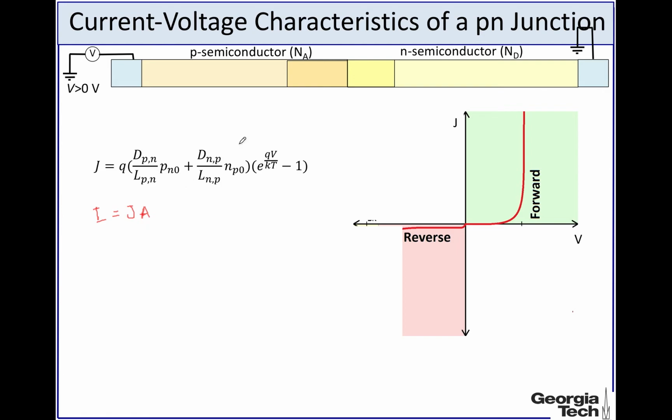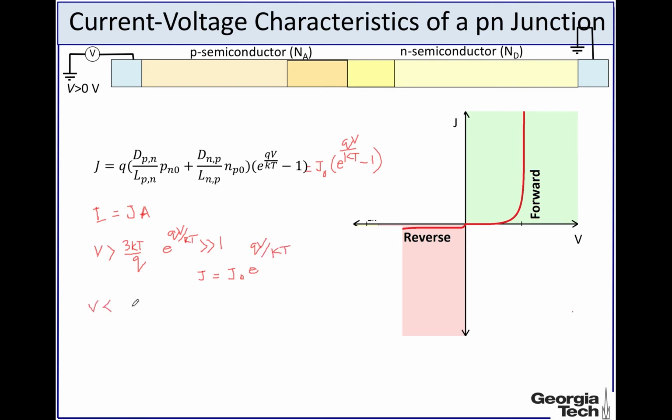So also what we can do is write it as J naught times e power qv over kt minus 1. Now one thing to remember is that in the forward bias, if the voltage is larger than 3 kt over q, then this e power qv over kt becomes much larger than 1, and as a result J will simply be an exponential function of qv over kt.